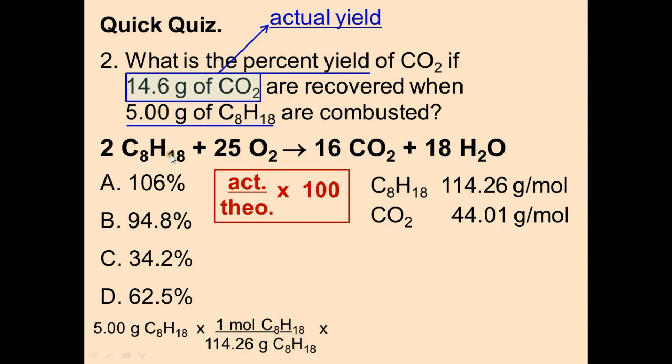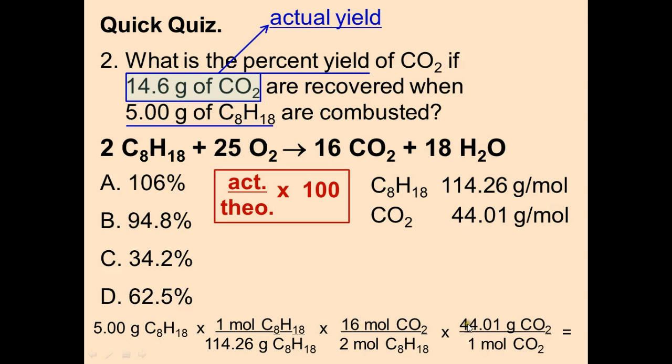And we use the coefficient, so 2 goes on the bottom because whatever's on the top goes on the bottom, and then we put 16 because that's where the CO2 goes, and now we're on moles of CO2, so that's good. Now we have to convert to grams of CO2, and so we put 1 mole on the bottom because we start with moles. Then luckily it gives us that it's 44.01 grams per mole, so that goes on the top. And we just multiply all the numerators and divide by the product of the denominator. And so after that, we get a theoretical yield of 15.4 grams.